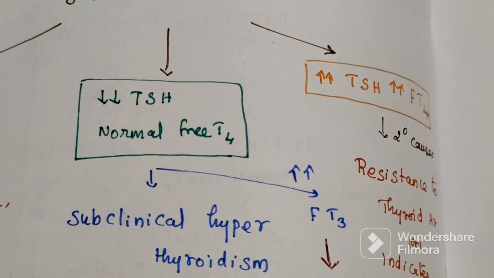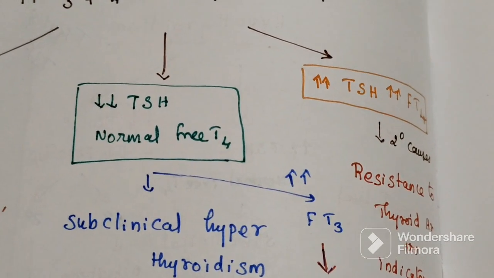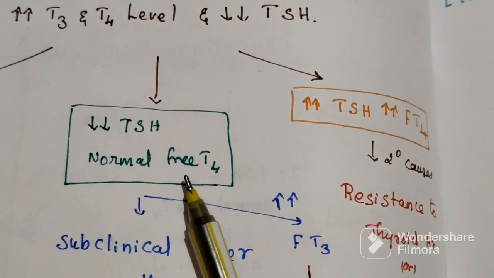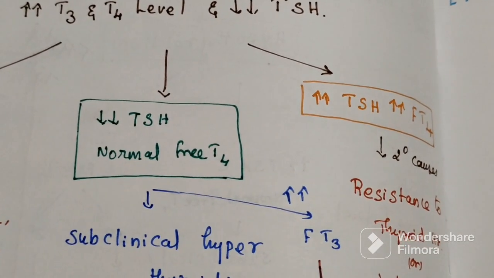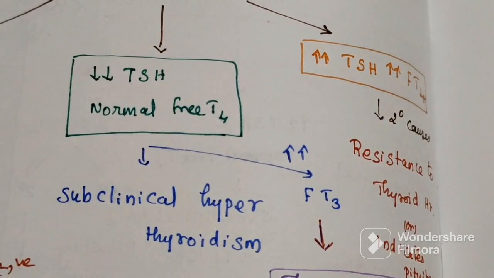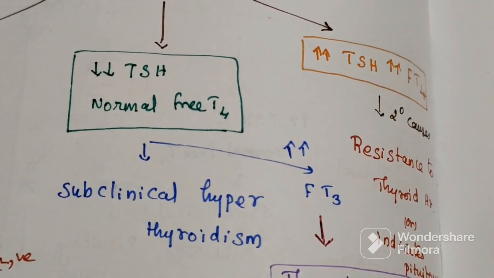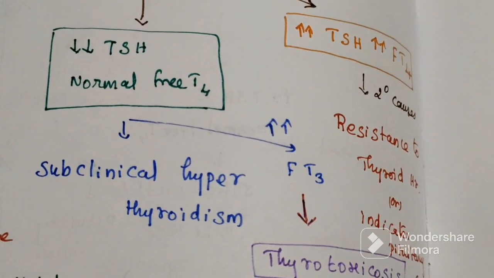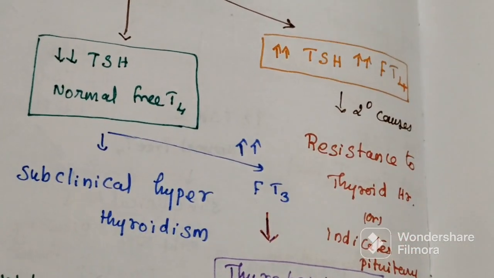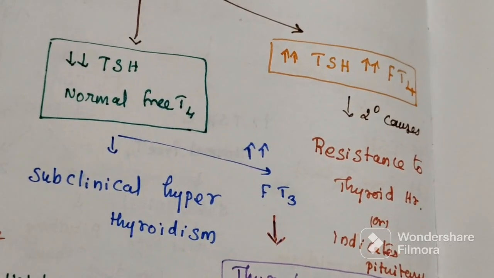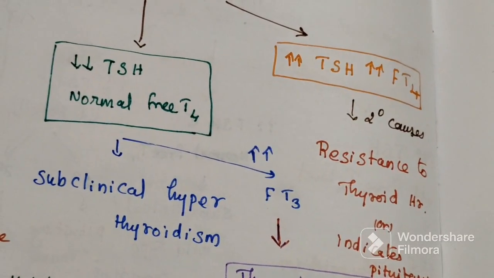In the second condition, you may get decreased TSH level with a normal free T4 level. It indicates a subclinical condition. Along with this, go for the free T3 level. If free T3 and T4 levels are normal, it is subclinical hyperthyroidism.